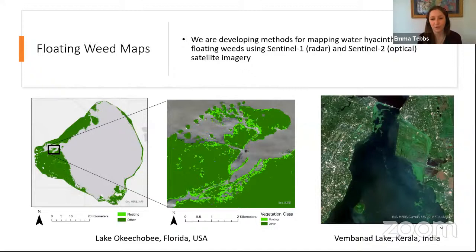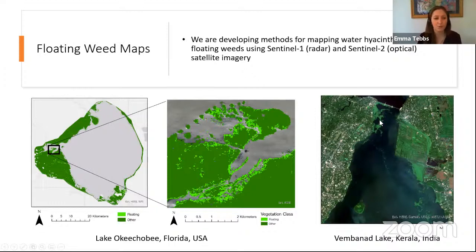You can see we've distinguished floating weeds from other macrophytes, and this is primarily water hyacinth and also water lettuce. Then this satellite image on the right shows Vembanad Lake in Kerala, and you can see the bright green areas are where we have water hyacinth.